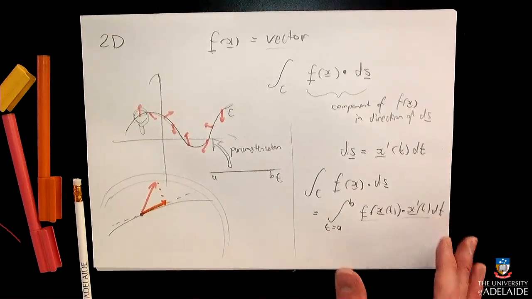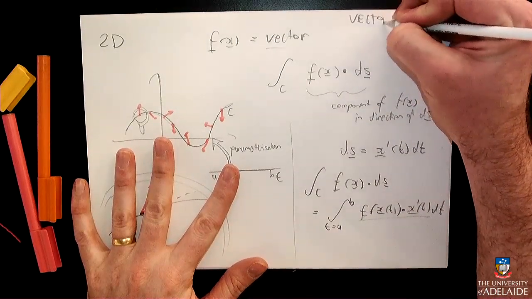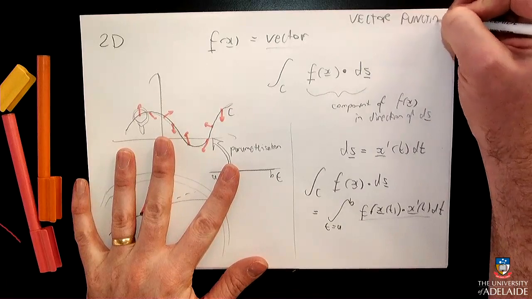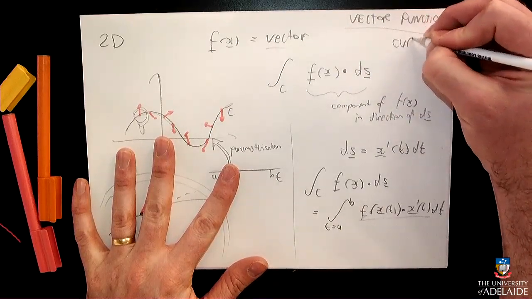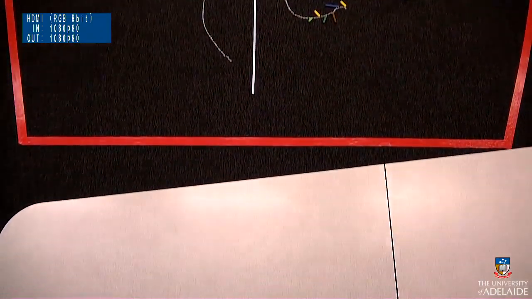Okay. So what did we have here? We had a vector function along a curve. Right. Well, let's just organise what we've got so far. So in one dimension, there's only one kind of function and there's only one kind of integral.